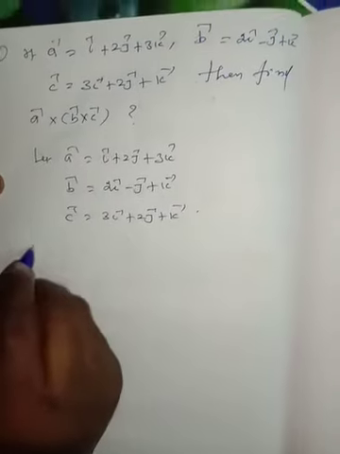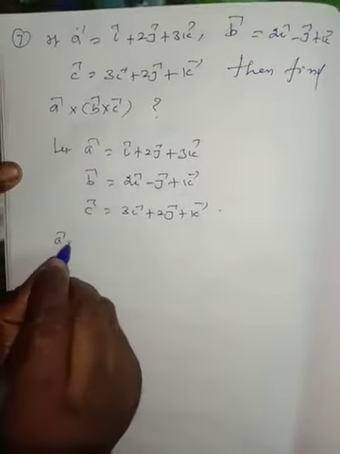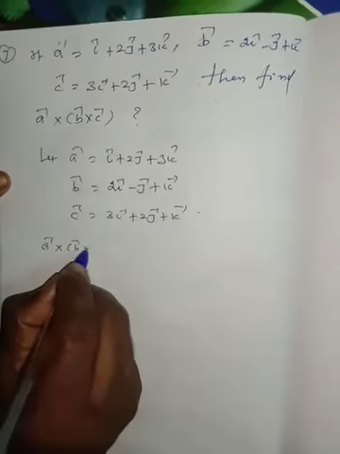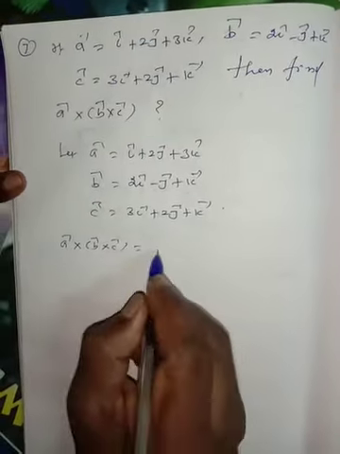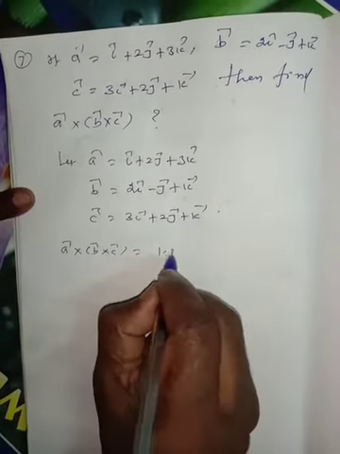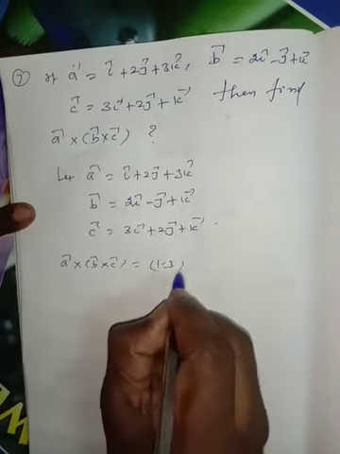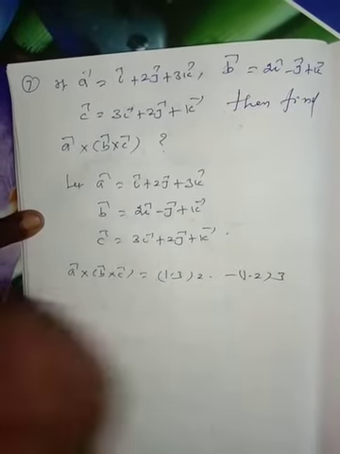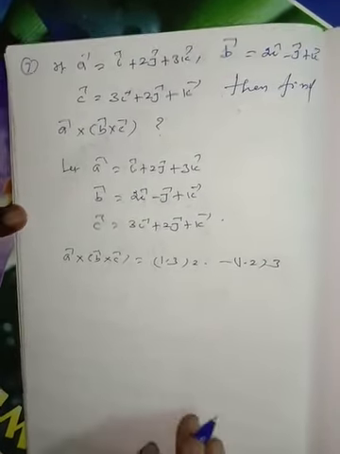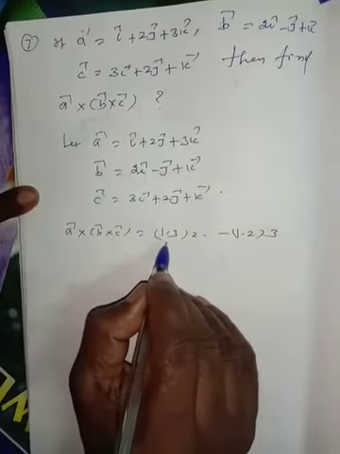Now A vector cross B vector cross C vector is equal to the formula: first dot third into second, minus first dot second into third. So first find dot product of 1 and 3.